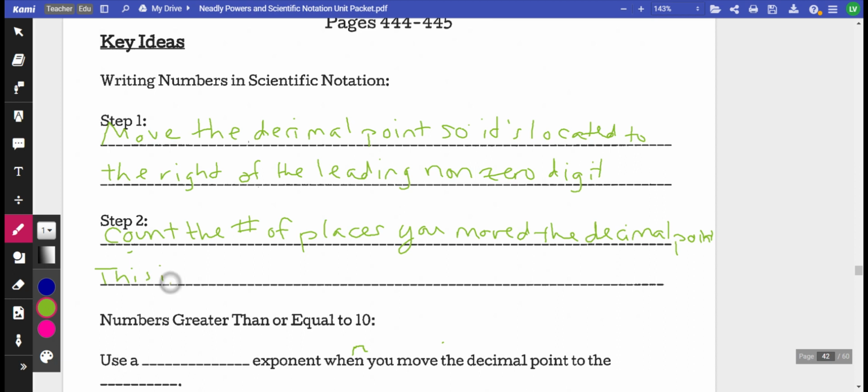This indicates the exponent of the power of 10.